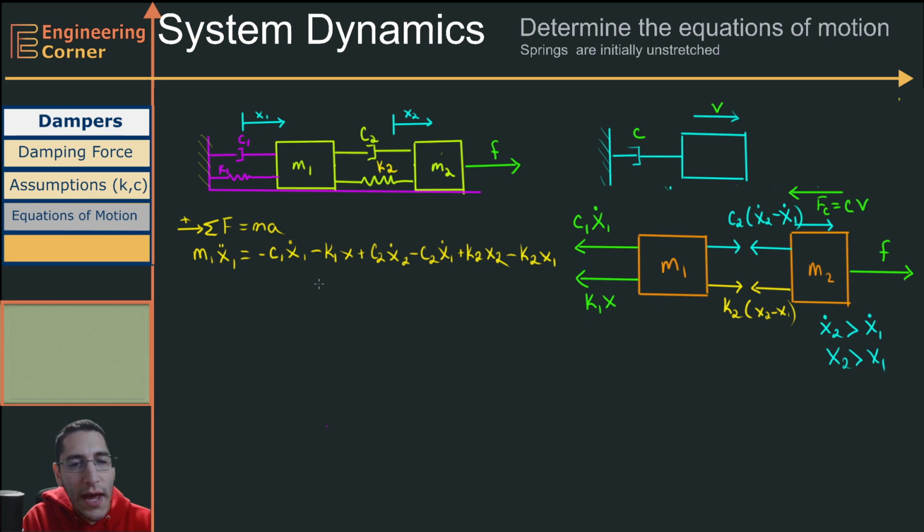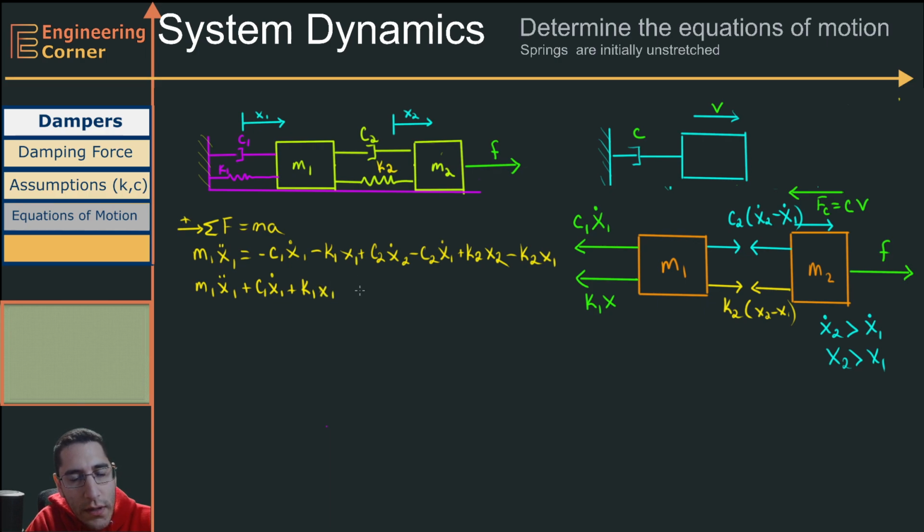So now I want to just go ahead and rearrange this. I want to bring all my x1s to the other side. So I'll have m1 x1 double dot plus c1 x1 dot plus k1 x1. I forgot a 1 right here.